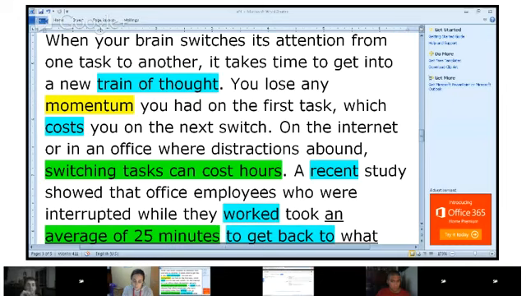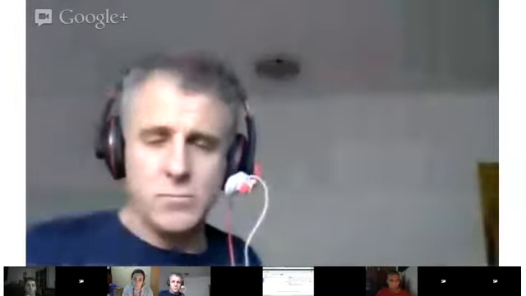Momentum is actually a physical term that means mass multiplied by velocity. But in this case, I think it's trying to say that if you are doing something, you get some force on it, and if you stop, things stop moving. So if you stop what you are doing, you have to start all that inertia again.